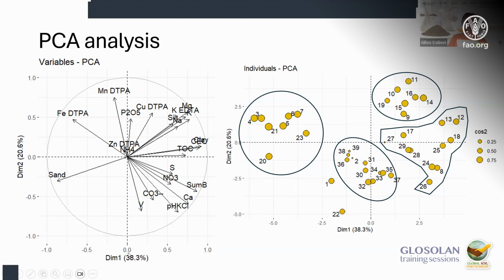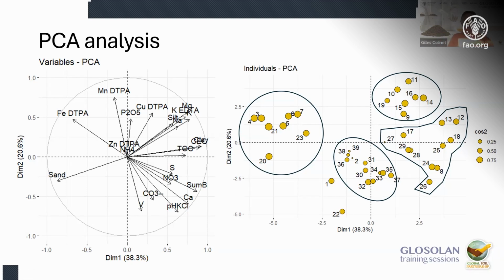If you sum both, you are almost at 60%. So it means that 60% of the variation of all the variables is represented in this image, and it's missing 40%. And the variables that are not well explained are here at the center, such as the ammonium and the zinc DTPA. They are not well correlated with these variables.